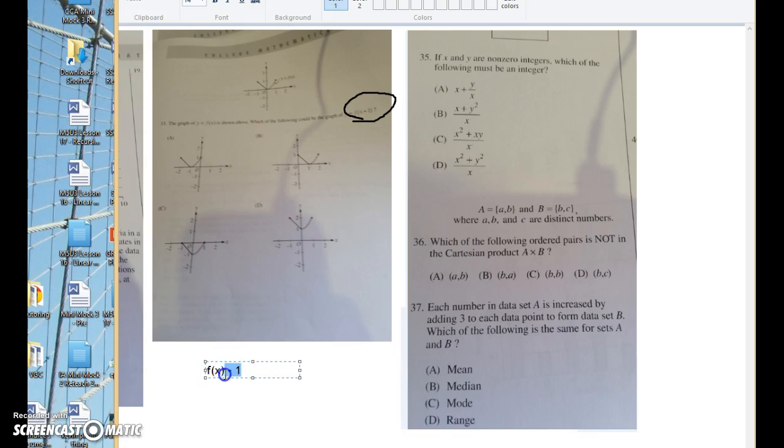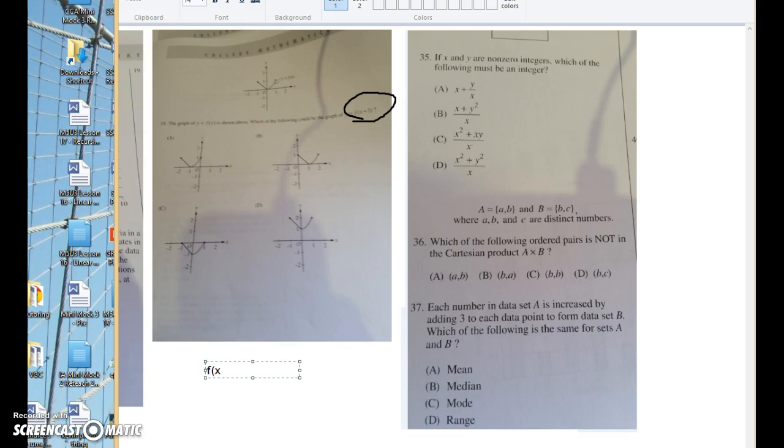Changes on the outside of the parentheses here means going up and down. So f of x minus 1 would be this one right here, choice C, like that. If it was x plus 1, this represents a change to the outside, but it's going upwards. So that's going to be for choice D. But it's neither of those because it's the x plus 1 on the inside of the parentheses.